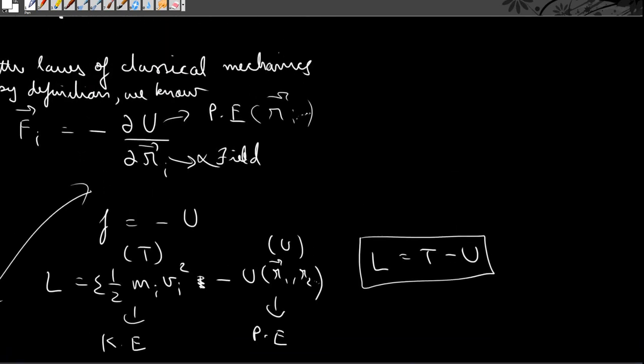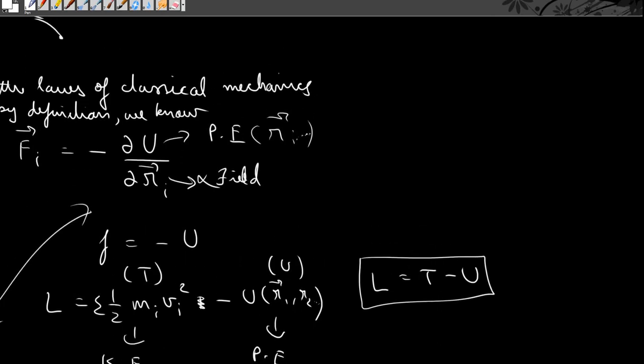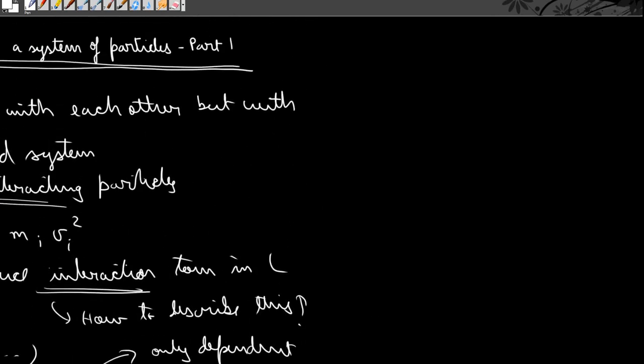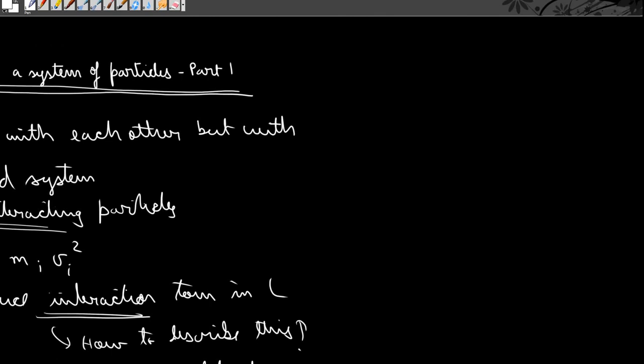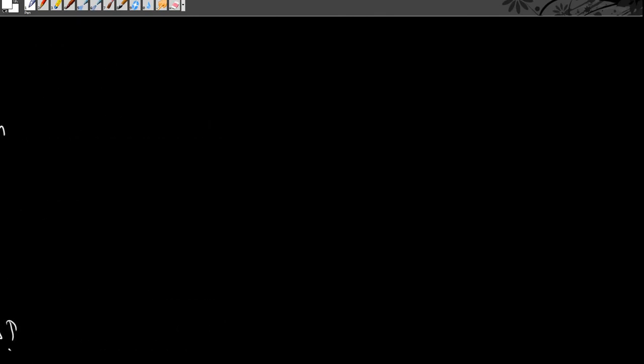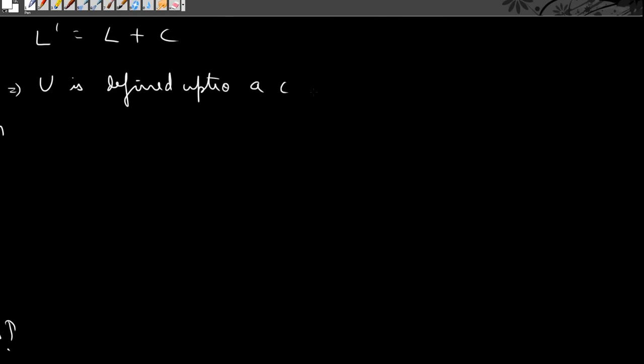Now one more thing that we notice here is the potential energy. How do we define where the potential energy is zero? In fact, we know that L' defined by L plus some constant C are both equivalent. Therefore, we can say that our potential function is defined up to a constant.